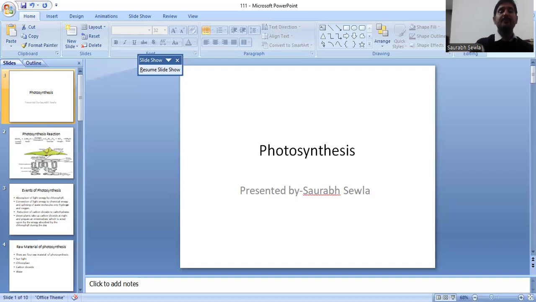So now come back to the leaf structure. On the lower epidermis, there are leaf stomata, and these leaf stomata play a very important role. First, they are teeny pores.